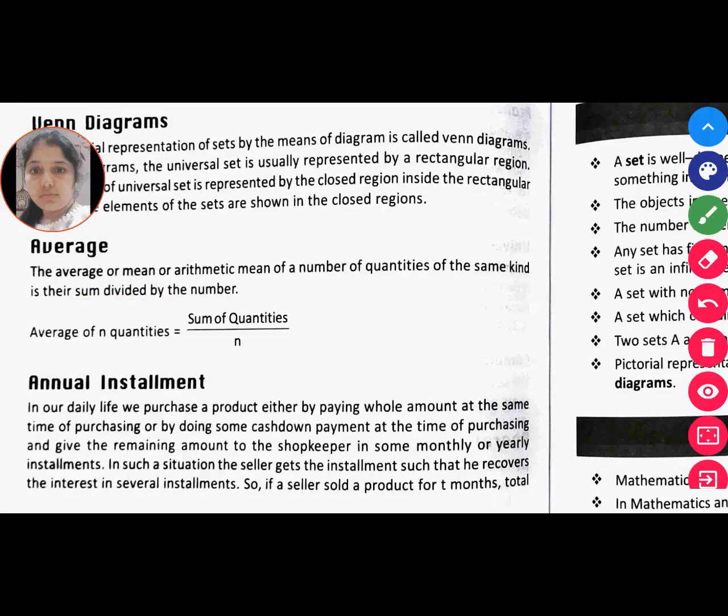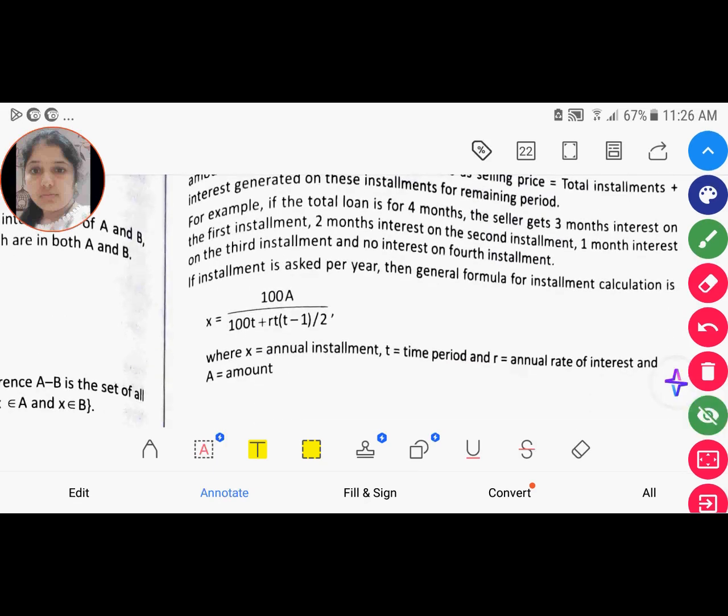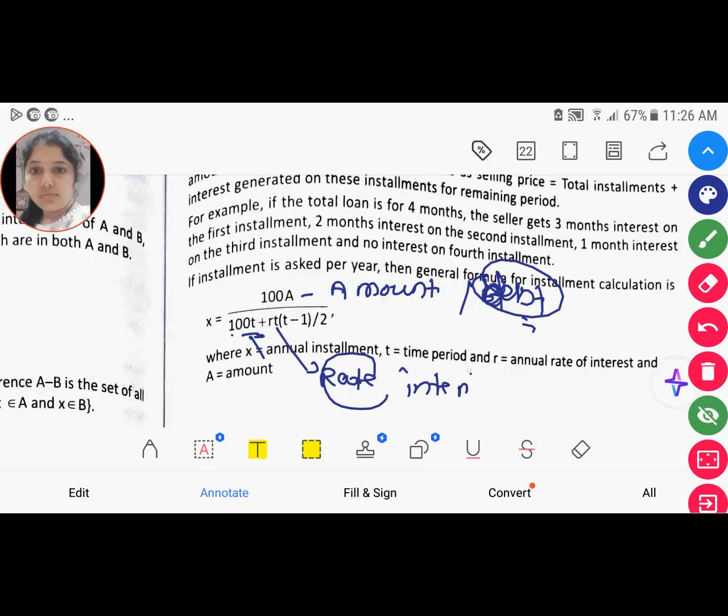And annual installment we can calculate it with the formula as X is equal to 100 into amount. This A stands for amount or debt, you can say, upon 100 T. T is the time period for which the amount is kept, and R is the rate of interest.